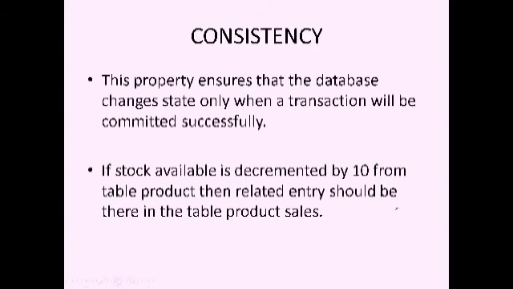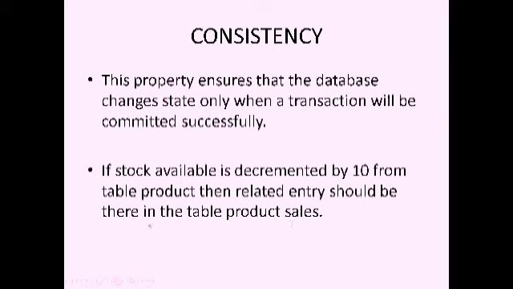The next property is consistency. This property ensures that the database changes state only when a transaction is committed successfully. All the changes made should be successful, and only then is it said to be a committed transaction, meaning the transaction is a complete one. So if stock available is decremented by 10 in table product, then a related entry should be there in the table product sales.